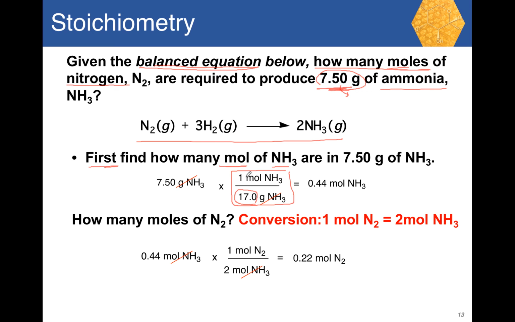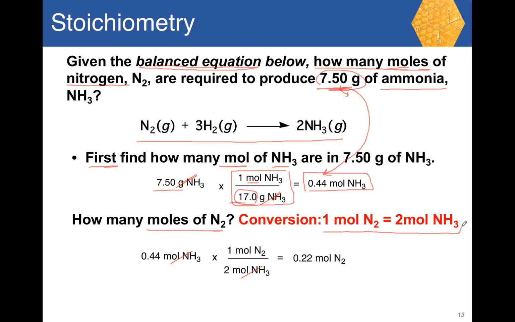We set up our conversion factors so that grams cancel out, because we need moles as our answer. So 7.5 divided by 17 gives 0.44 moles of ammonia. So 7.5 grams is equal to 0.44 moles of ammonia.